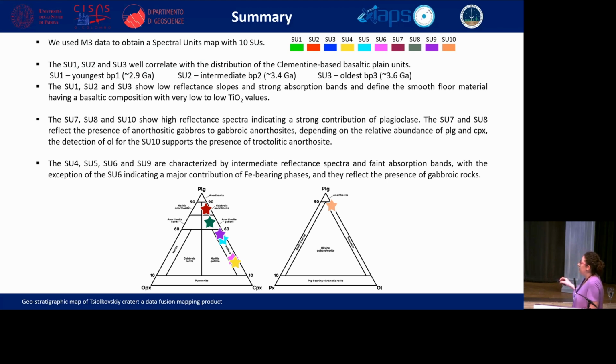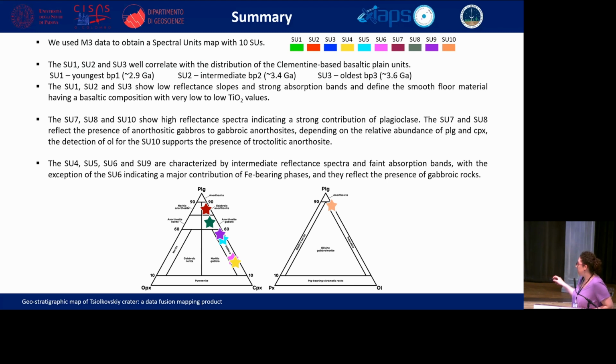Spectral units 7, 8, and 10 show instead a high reflectance spectra, indicating a strong contribution of plagioclase. Spectral units 7 and 8 in particular might reflect the presence of anorthositic gabbros to gabbroic anorthosites, depending on the relative abundance of plagioclase and clinopyroxene, while the detection of olivine for spectral unit 10 suggests the presence of troctolite.